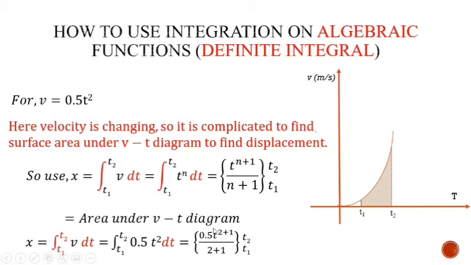This particular function has values from t1 to t2. So that will be represented by replacing this t with the value t2 first, and then subtracting by replacing t with t1. So automatically you will get the surface area under this curve from t1 to t2.